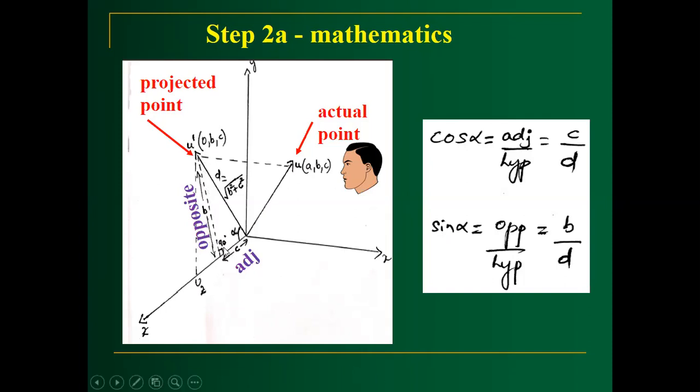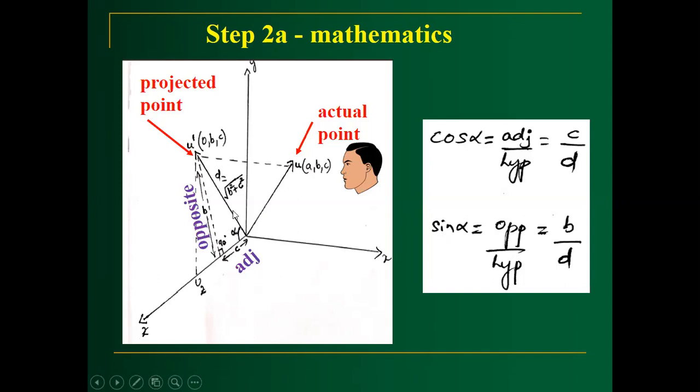Now you can have this alpha. Let us say this is 50 degrees. You should keep on rotating this U dash by 50 degrees, until this U dash comes to the xz plane. That is what alpha means.